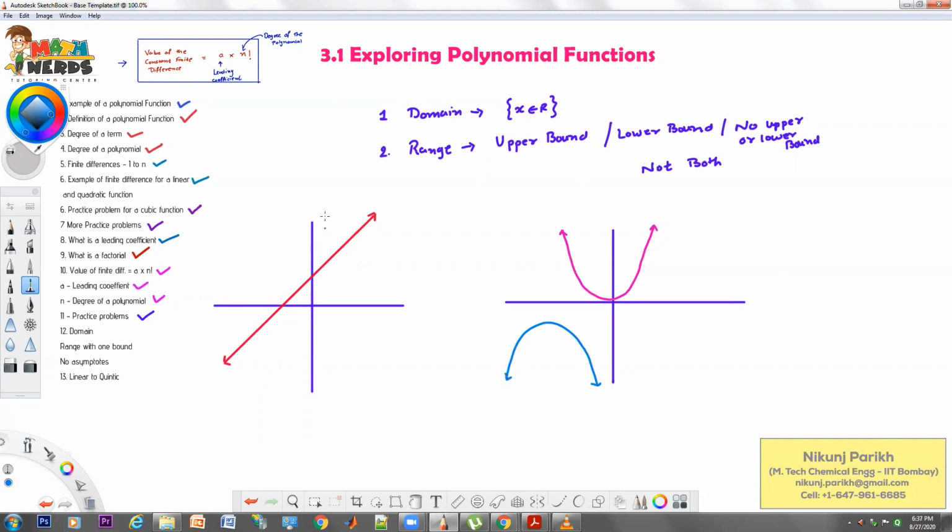So now, in this case, the domain is x belongs to R, and there is no bound. I mean, the y value goes up to positive infinity, and at the lower side it goes down to negative infinity.